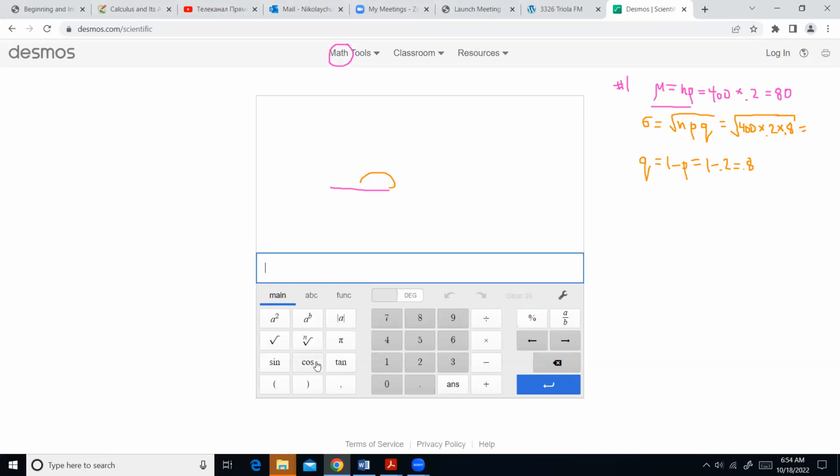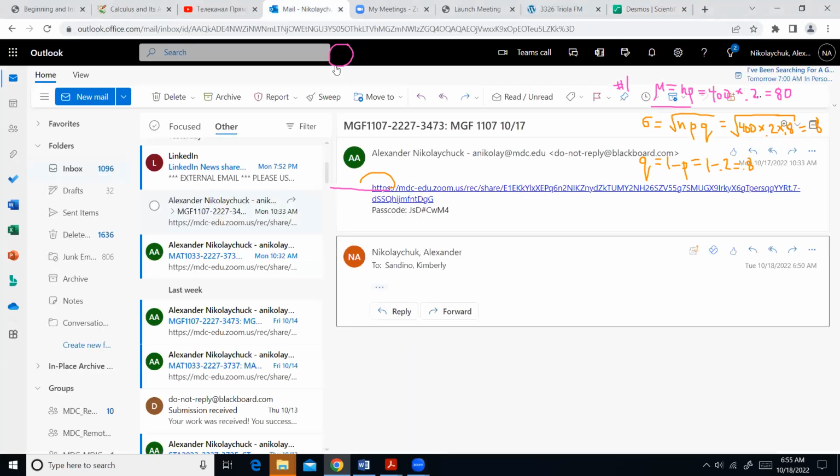So you can plug in 400 and then times 0.2 and then times 0.8. So we produce the standard deviation, which is 8. We use the mean and standard deviation in order to better describe our samples.